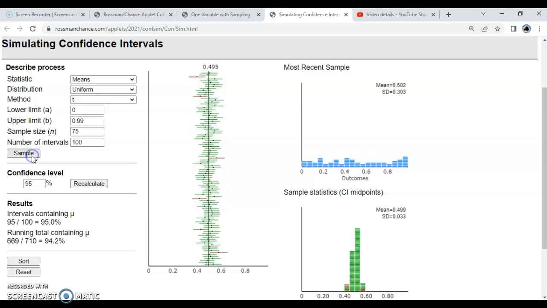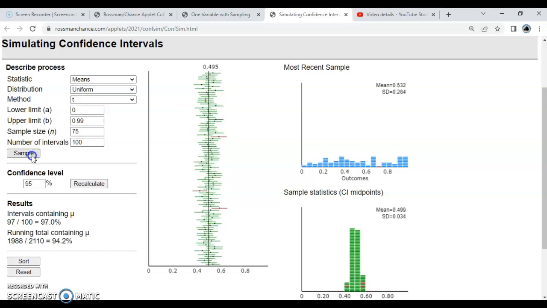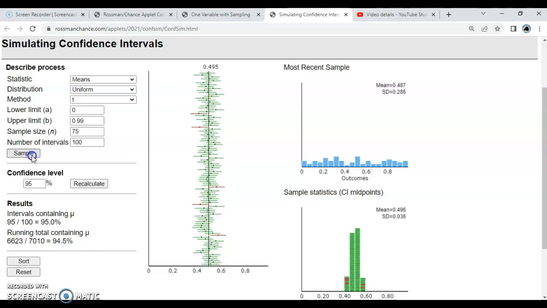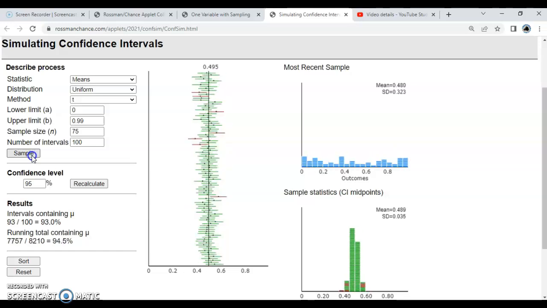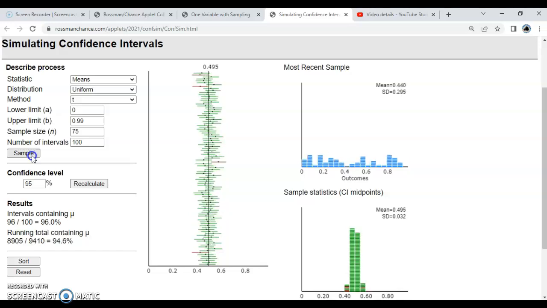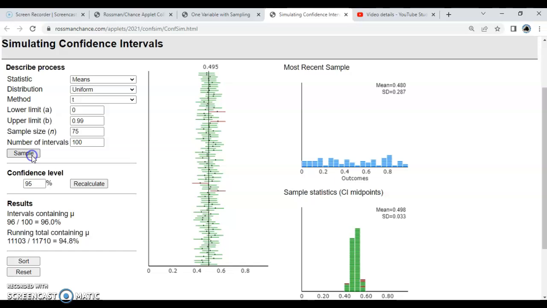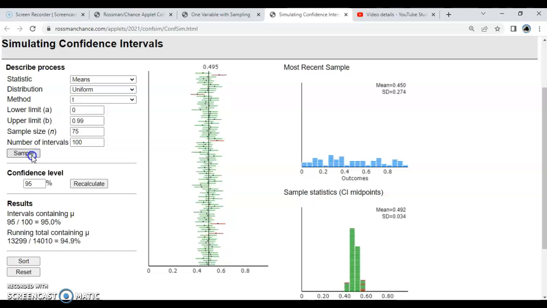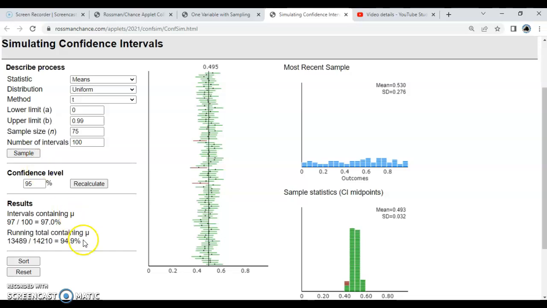So if we do a bunch more, we can see that as we take more and more, that running total starts to approach 95%. We've taken about 14,000, so we are right on 95%.